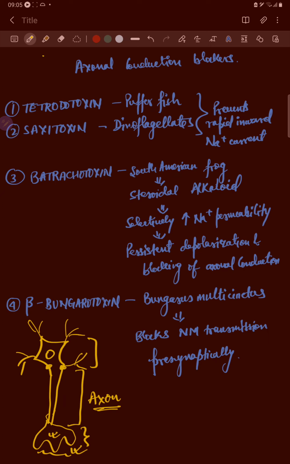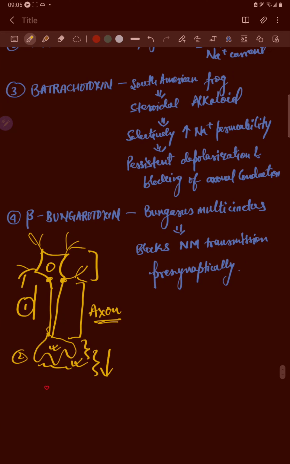Okay, so in the neurohumoral transmission, there are two steps. First is axon conduction, the passage of impulse along an axon, and second is the transmission or passage of an impulse across the synaptic or neuroeffector junction.